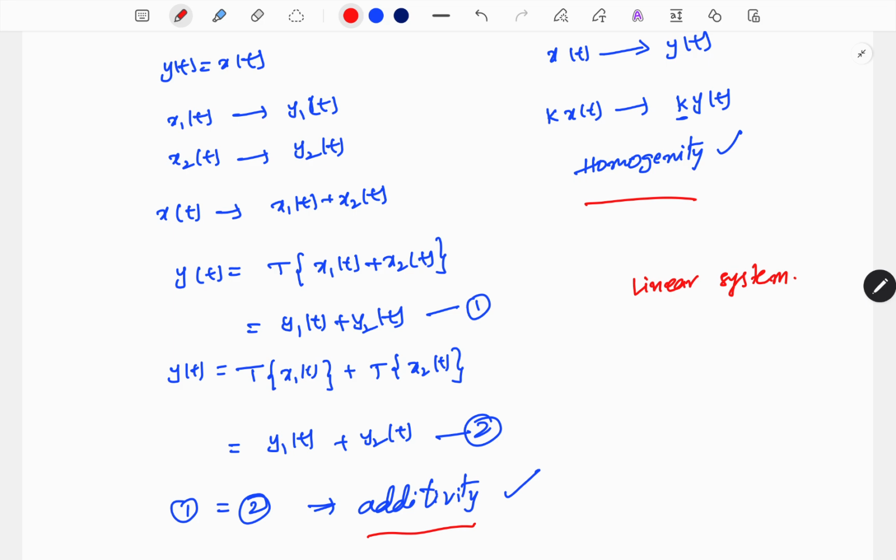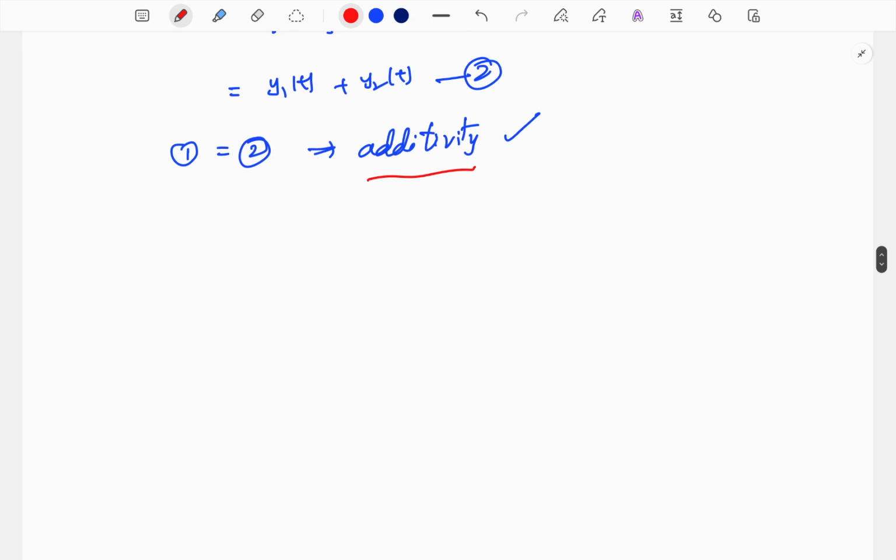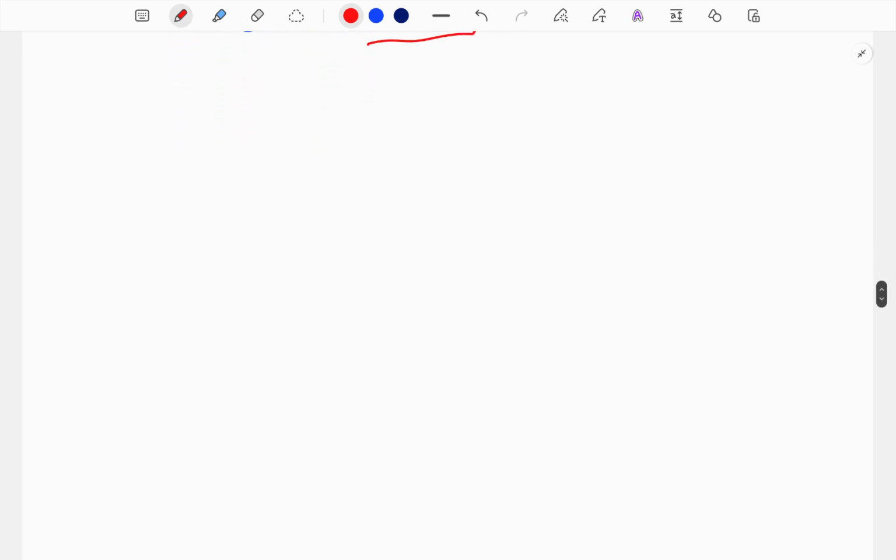We will see some examples now. Example 1: y of t is equal to x of t into sin omega t. First we will check additivity. In place of x of t we give x1 of t.